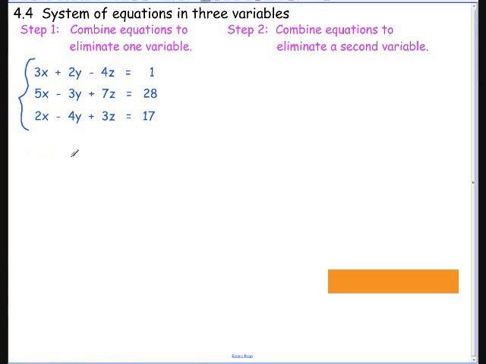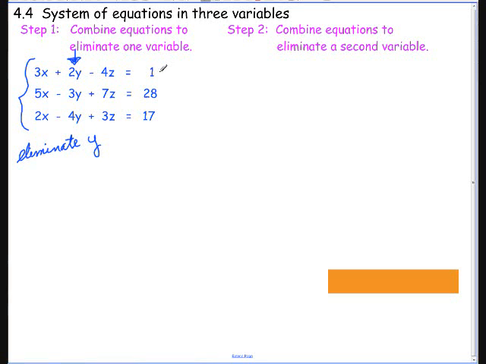Now I usually go for something that has nice multiples, which doesn't seem to happen here, or the smallest coefficients. So you might choose something else, but I'm going to try eliminating y.